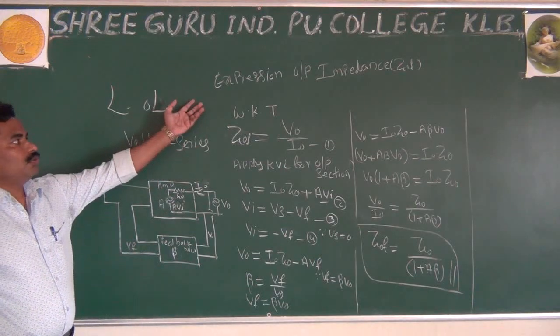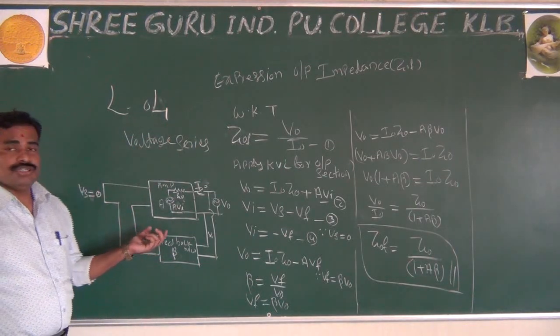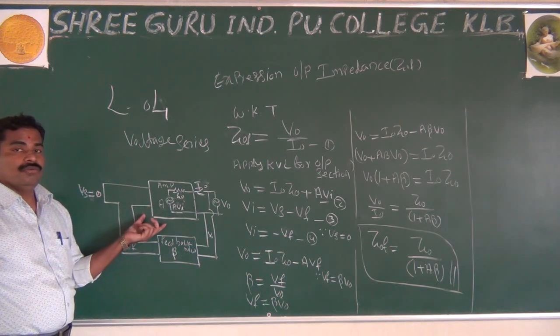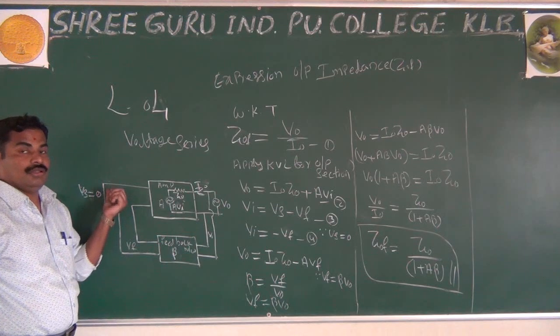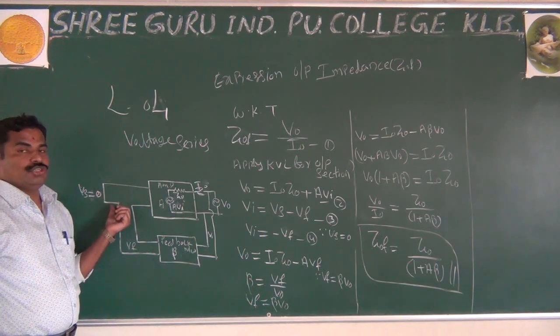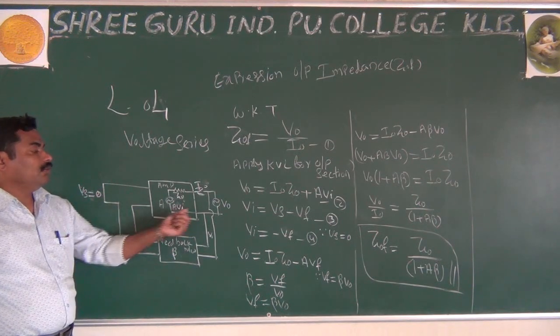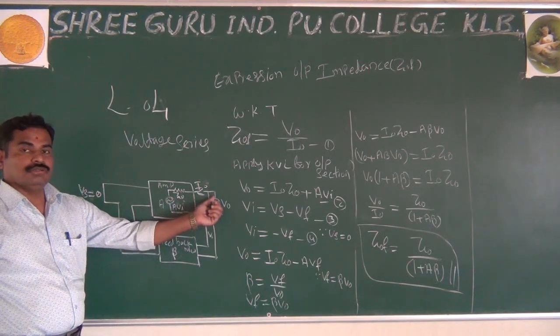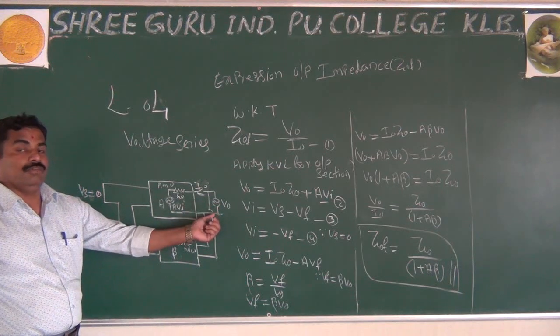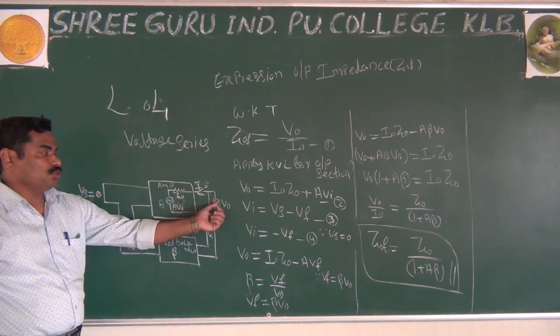For the expression of output impedance, like I said, we have to follow two conditions. First condition, make the source voltage Vs short circuit, and then remove RL, or make RL infinite, and use a high power electrical source here.